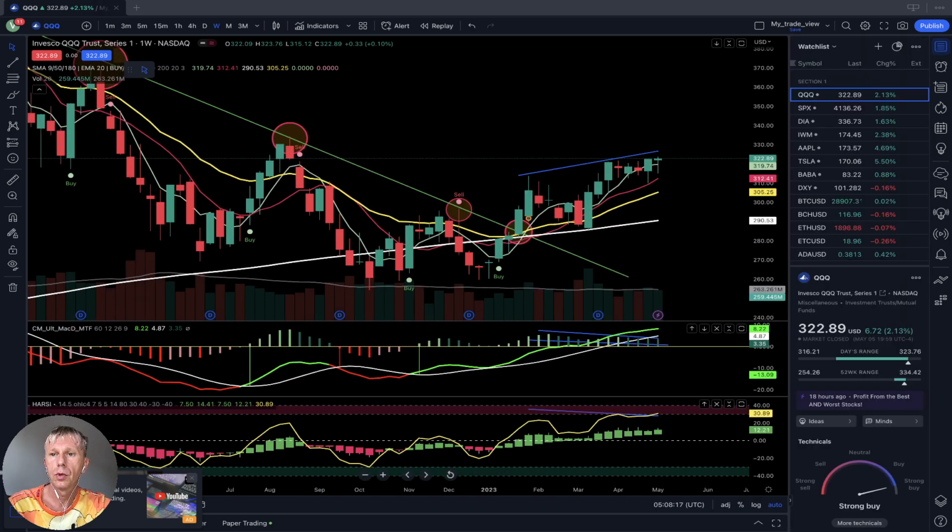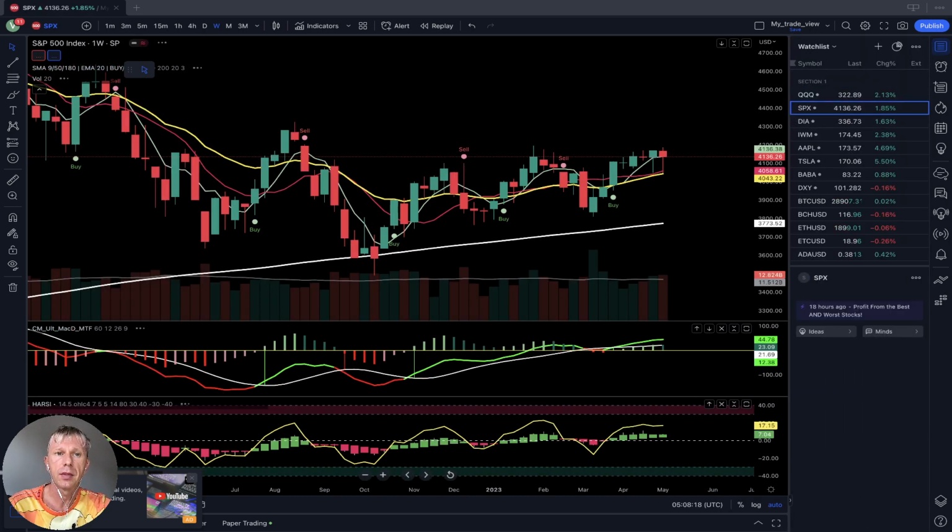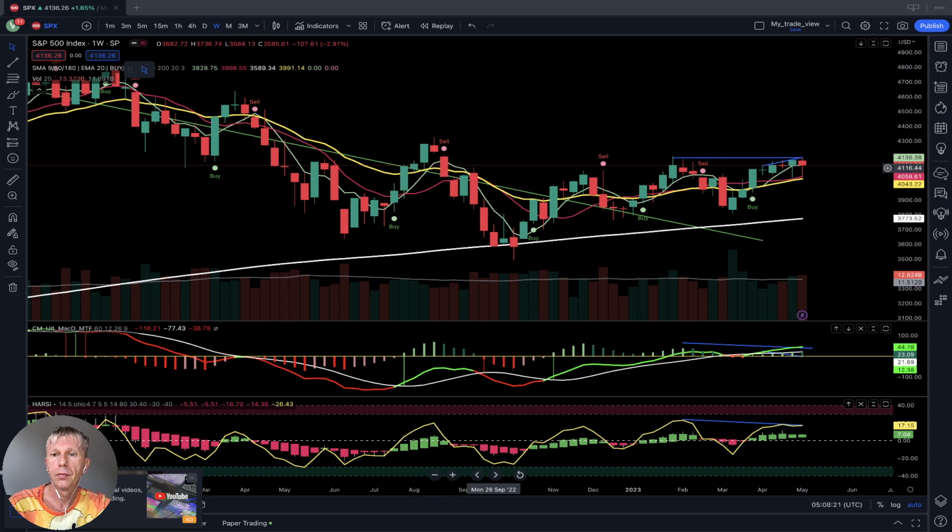Let's move to SPX, S&P 500. Let's start weekly. We're at the same level for several weeks, same price action. MACD bullish, moving averages bullish, buy signal from the script, all moving averages above 200, positive bullish trend on the weekly time frame. You see it bounced from 200. MACD green, Heikin-Ashi bullish, RSI bullish.